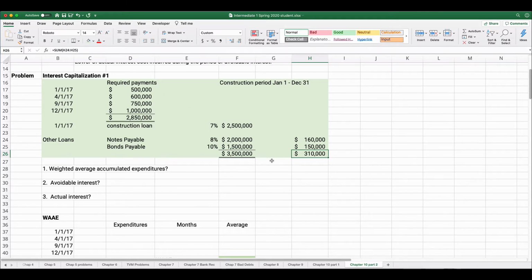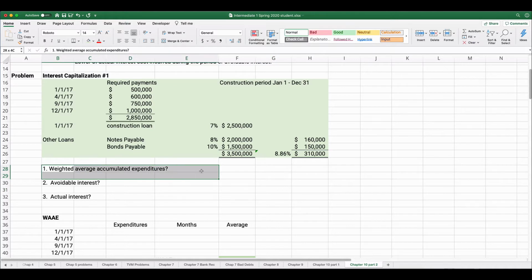Let's calculate the rate here: 310,000 divided by the 3.5 million. It's going to be in between the 8 and the 10%, so it looks like it is 8.85 or 8.86. When we need the number, this is our weighted average interest cost for the other loans.